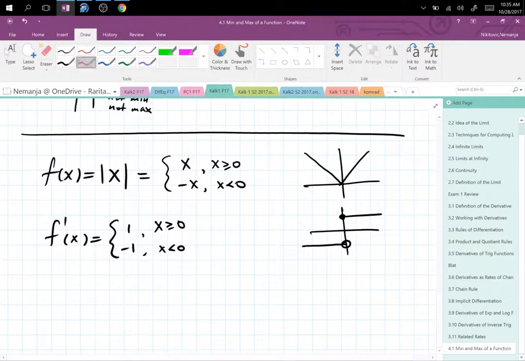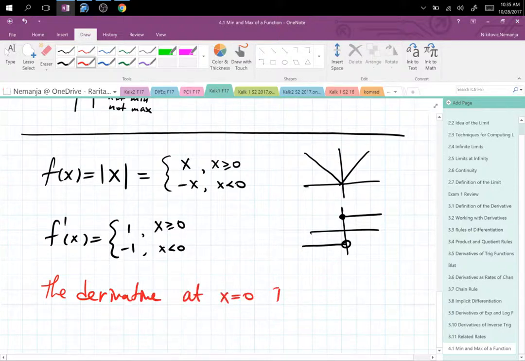So here, I'll write in blood, the derivative at x equals 0 does not exist, which means x equals 0 is a critical point. And you know what? Yay! It's a minimum, right? You can see that using your eyes. There's the minimum right there. It's the absolute minimum for the function.